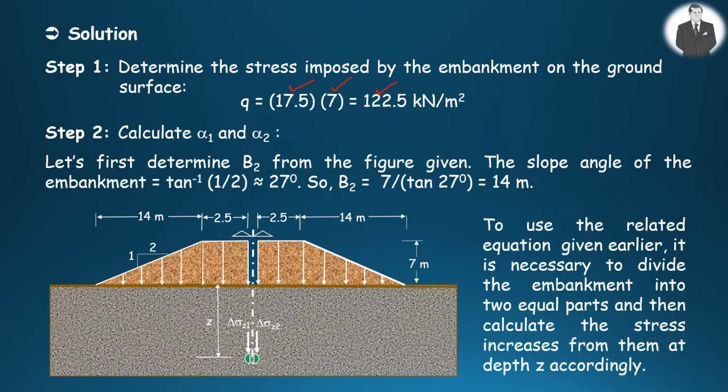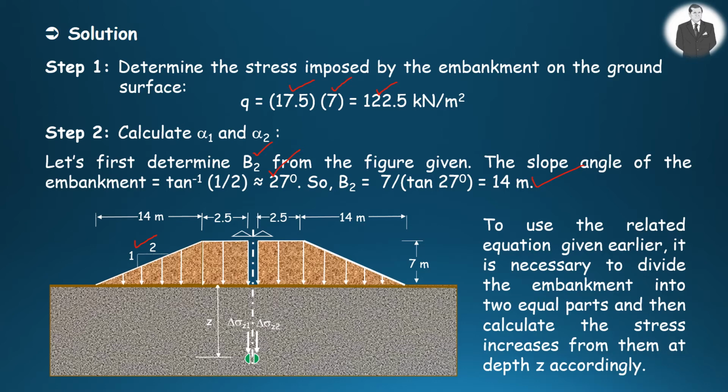To do this, we first need to determine B2 from the figure. B2 is the side width of the embankment as shown in the figure. Using the slope inclination as given here, the slope angle can be obtained as 27 degrees. Depending on these, B2 will be 14 meter as illustrated.